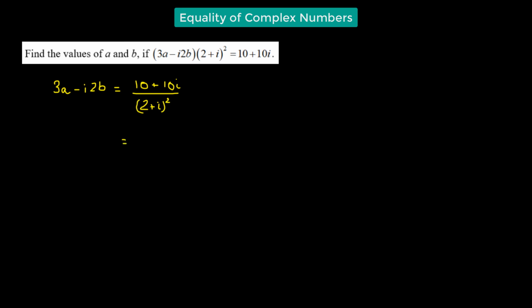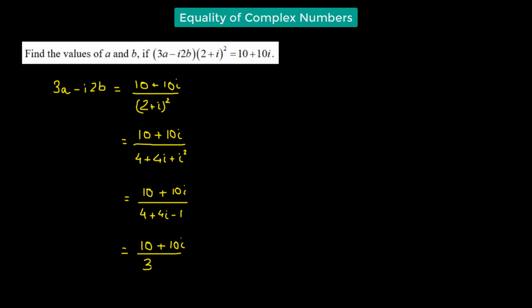Now we're going to expand the denominator, and that gives us 10 plus 10i divided by 2 squared, which is 4, plus 2 times 2i, which will be 4i, plus i squared. So we have 10 plus 10i over 4 plus 4i minus 1, where we have replaced i squared by minus 1. We have 10 plus 10i divided by 3 plus 4i.